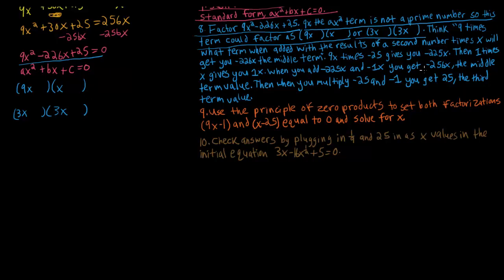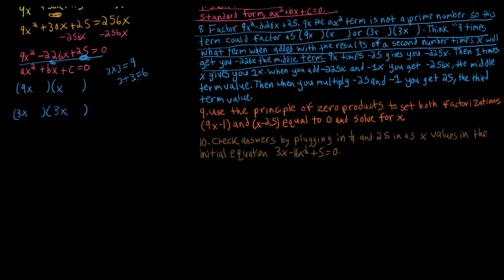So we have to think: 9 times what term, when added with the result of a second number times x, will get you negative 226, the middle term? So we need to figure out what two numbers when multiplied equal 25, but give negative 226x when combined. If you multiply 3 times 3, you'll get positive 9, and if you add 3 plus 3, you'll get positive 6.